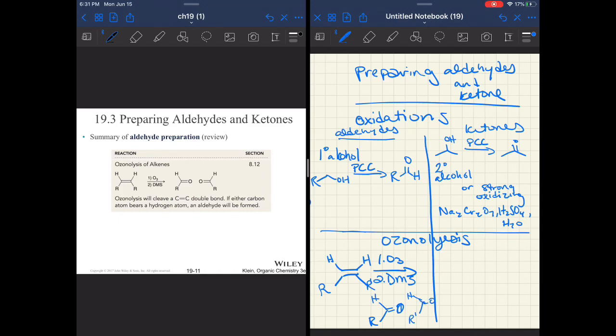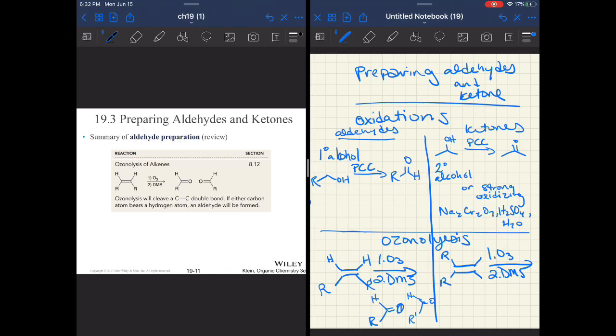Now, to make a ketone this way, you just need to have not a hydrogen. So you could also wind up with a mixture of ketones and aldehydes, just depending on what your substituents are on either side of the alkene. It's still going to be ozonolysis, ozone followed by DMS. And when you are telling me reactions, if it is a 1-step, 2-step reaction, you need to put the 1 and the 2.